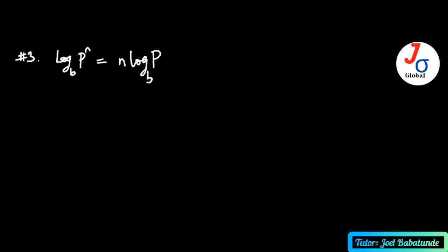Let's say we have log 7 squared base 3. And so we're going to bring this 2 to the front. That's what the law says. We're going to have 2 log 7 base 3.